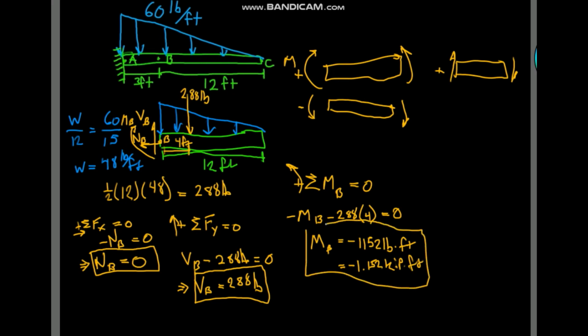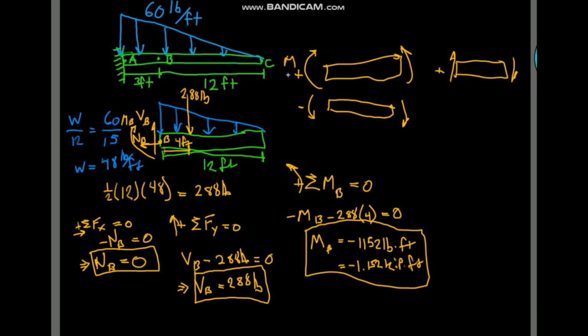And that's it. So the big things are going to be section it at a point that's convenient. A lot of times it'll tell you where to section it. And then use whichever side will be easier. In this case, the right side was easier, more convenient, just because it left us with a nice triangle.